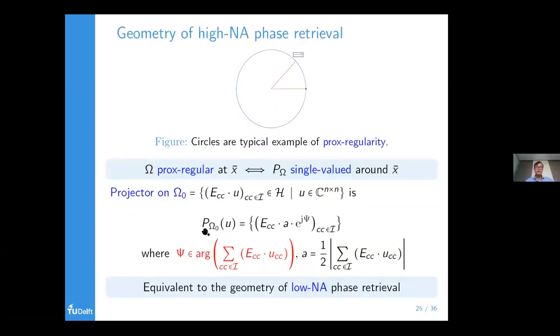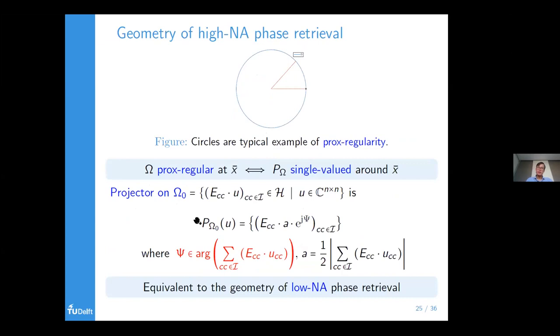Before applying this to the alternating projection, let's discuss the geometry of this problem. In general, the geometry of the vector phase retrieval is equivalent to the geometry of the scalar phase retrieval.